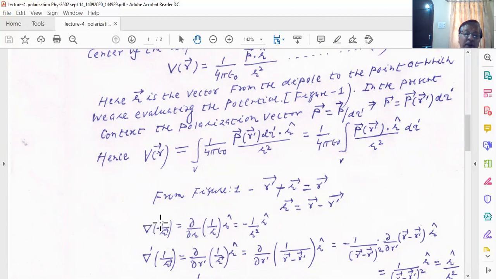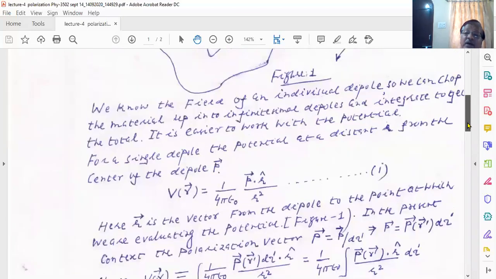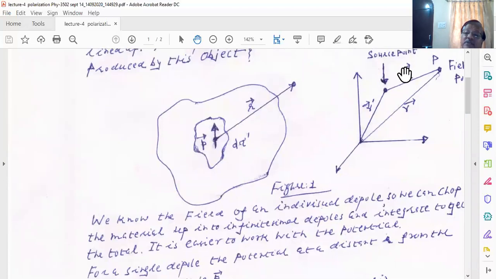So when the gradient operator operates on 1 upon r, it gives del by del r of 1 upon r in the direction of vector r, because we are working with the field coordinate vector r. Look at the figure: this vector r measures the distance between the source point and the field point.